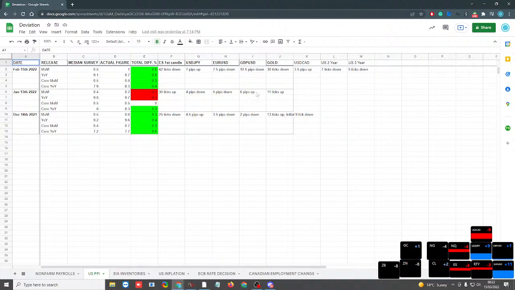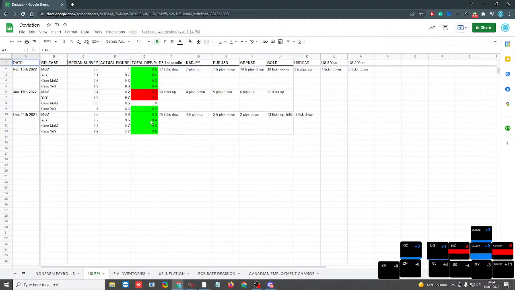Euro dollar had seen about 5 pips, and then GBP and the cable had seen about 6 pips up. So again, excuse me, euro dollar would have been 5 pips up rather than down. Gold had seen about 11 ticks up as well off the back of that release there.